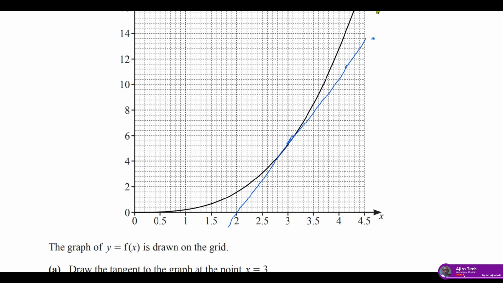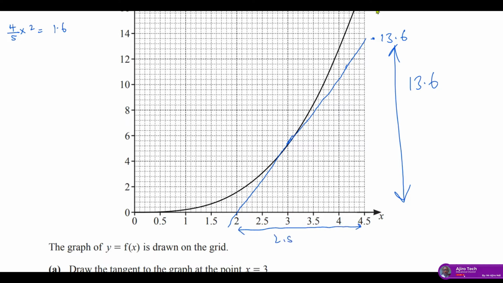I have 4 boxes over 5 boxes times 2, that should be 1.6, so 13.6. So this gap is 13.6, while this gap here is 4.5 minus 2, that's 2.5.